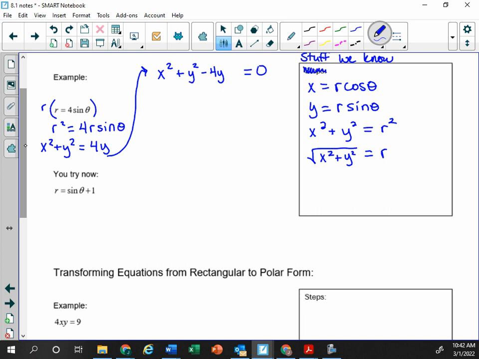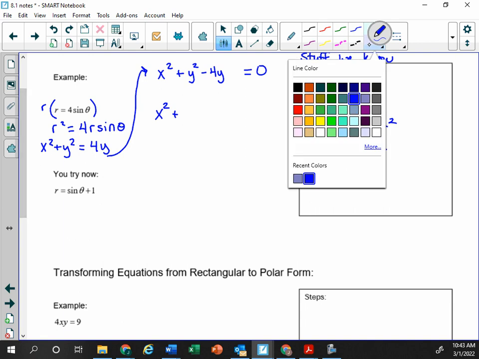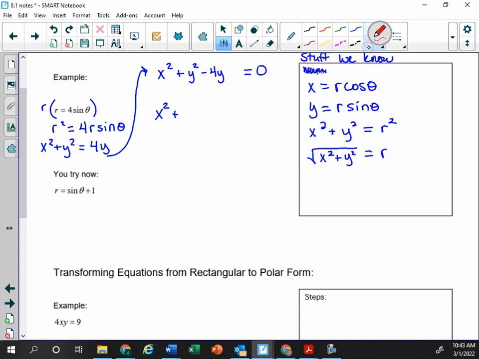So we're going to put it in our standard form for a circle. We have to complete the square to be able to do that. The x squared is fine. I don't need to do anything with that. But the y, I have this 4y that I'm adding to it. So let's review completing the square. I'm only looking at the y part when I do this.